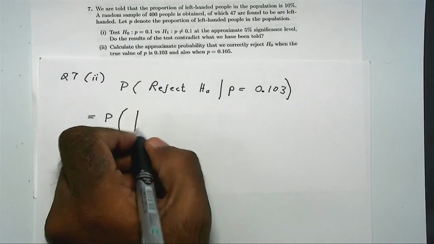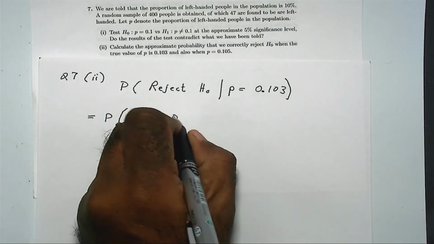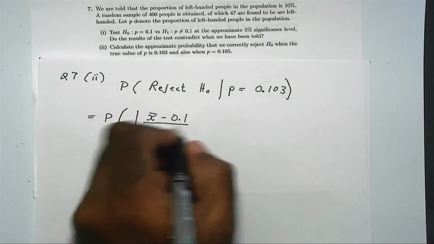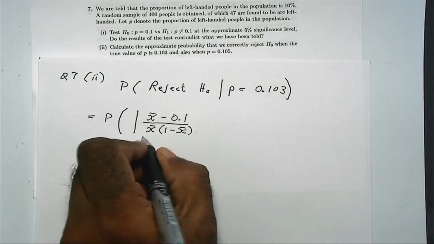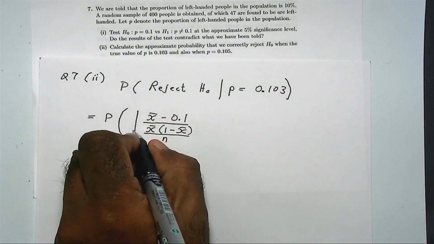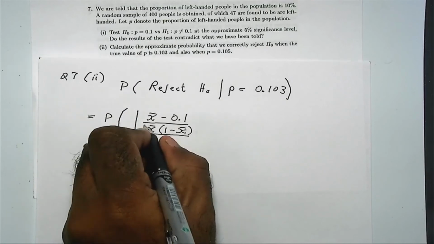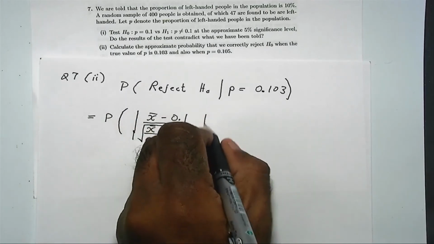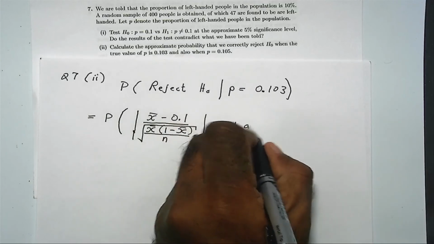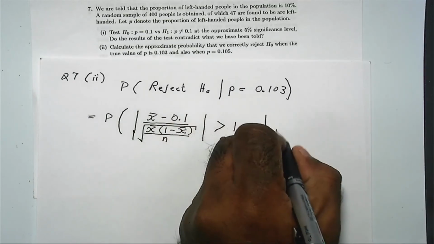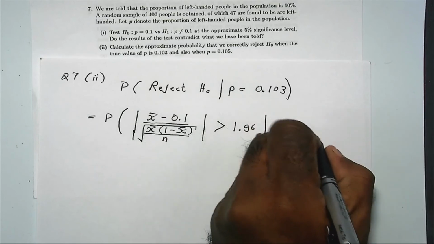And this is X bar minus 0.1 greater than 1.96, given the true value is 0.103.